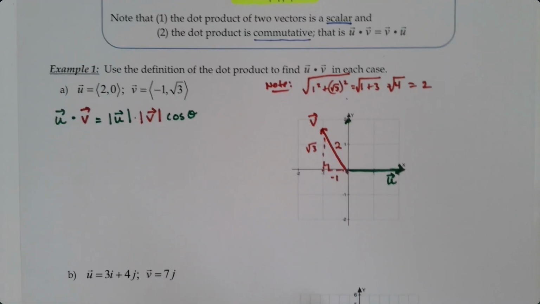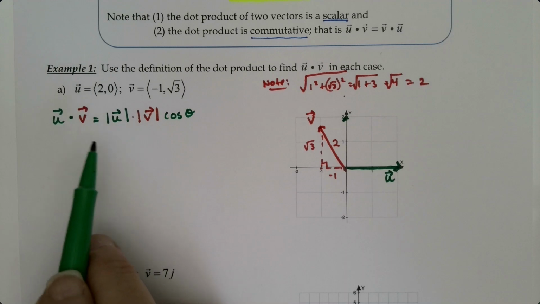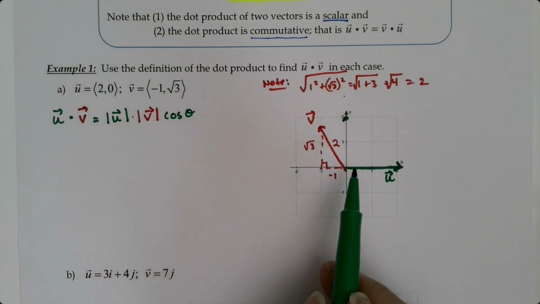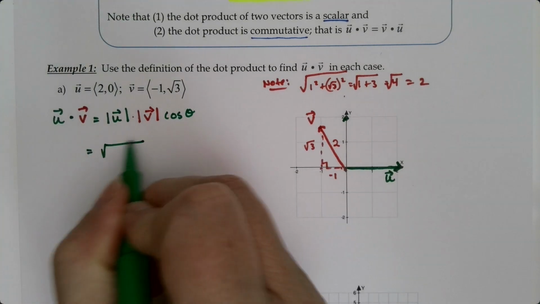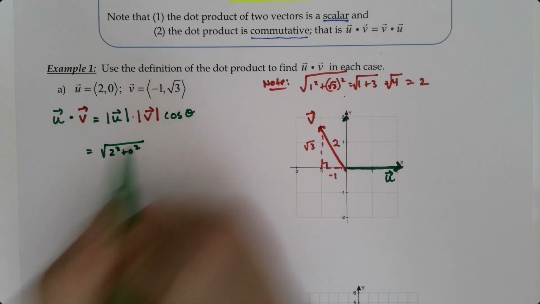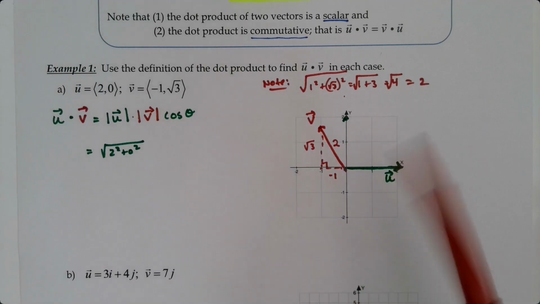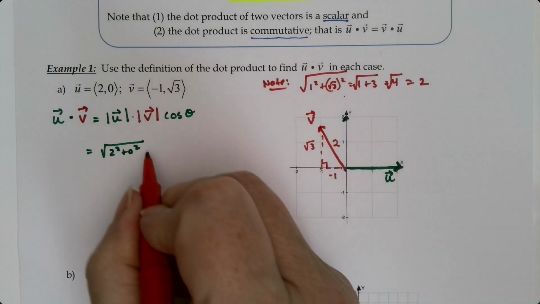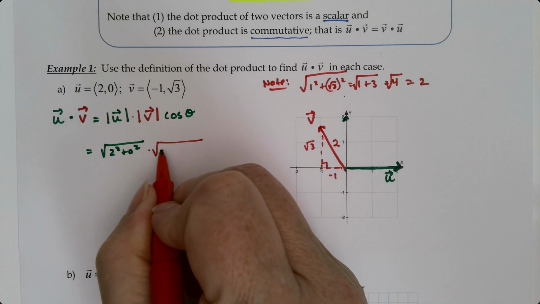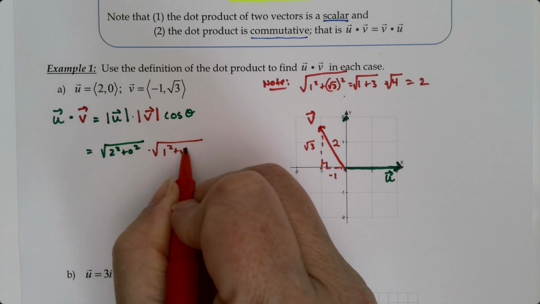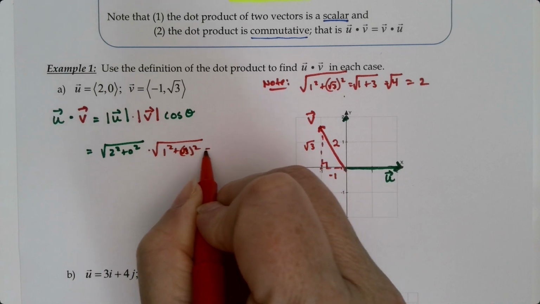All right, so let's see here. The magnitude of u would be the square root of 2 squared plus 0 squared, which is pretty straightforward. The magnitude of v we just found. It's right here. So it's the square root of 1 squared plus the square root of 3 squared.